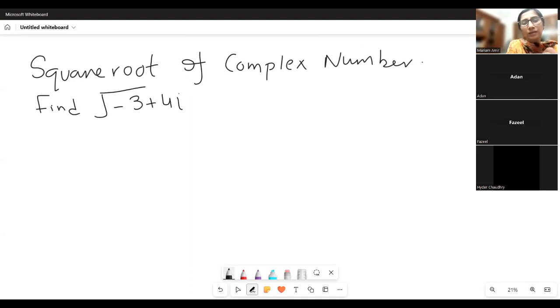Now there are many ways of solving this. If formula bhi hota hai, then there's algebra involved, which I'll use here, and I think there's one more method in the book. I will stick to the algebra method.